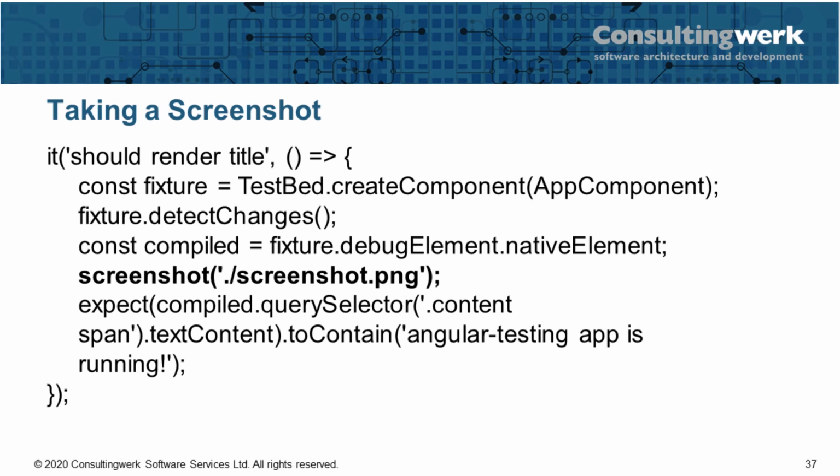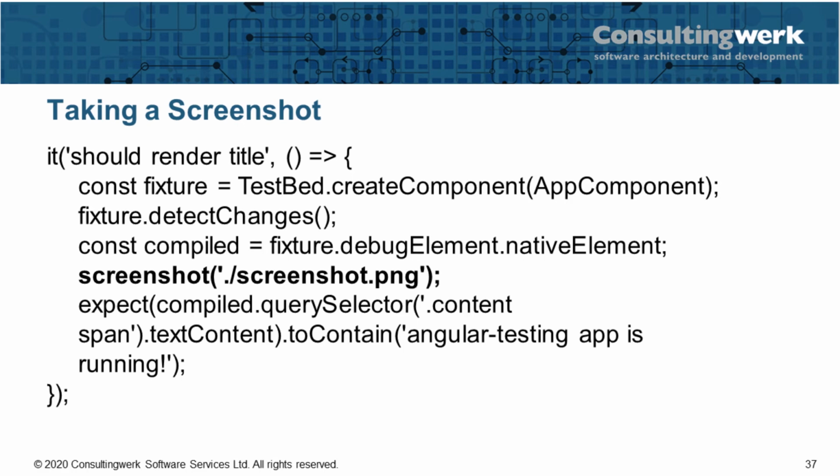Now, to actually take a screenshot, all you would need to do is say it should render a title, like in this example. You get your fixture, you detect changes, you get the native element, and then you just call the screenshot function and give it a relative path to your test suite. And that's it.